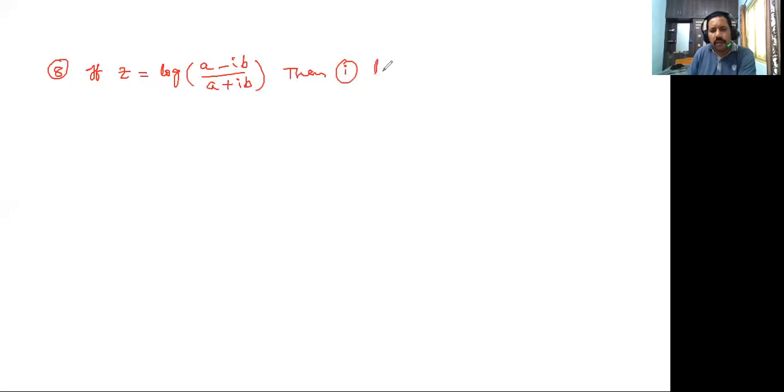Next, eighth one. If z is equal to logarithm of (a minus ib) divided by (a plus ib), then first bit, find sine of iz.